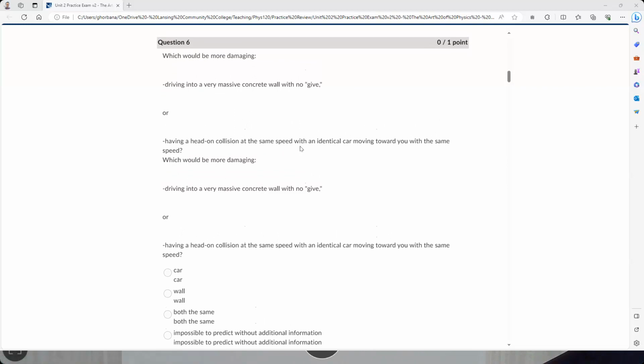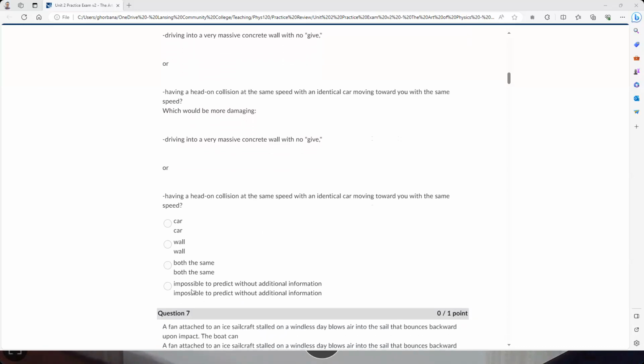Because we don't know how much force will be exerted when you have a head-on collision with the wall, or how much force will be exerted when you have a head-on collision with the same car. So it means that it is impossible to predict. So this is going to be the right answer.